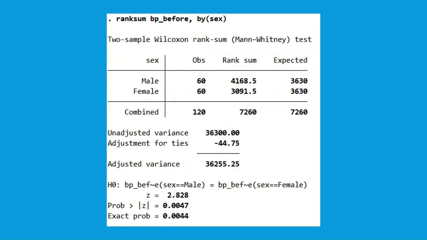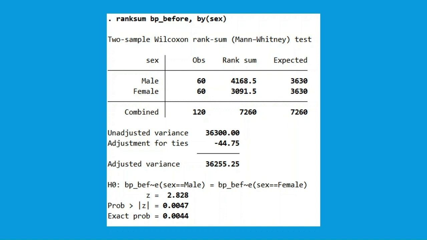The Wilcoxon rank sum or Mann-Whitney test is a little bit different, because you may remember that Wilcoxon is a non-parametric test. Non-parametric tests don't compare means, medians, modes, or any kind of central tendency measure.